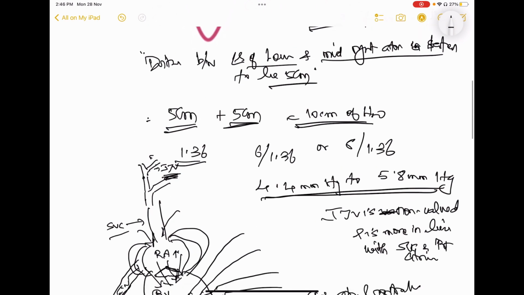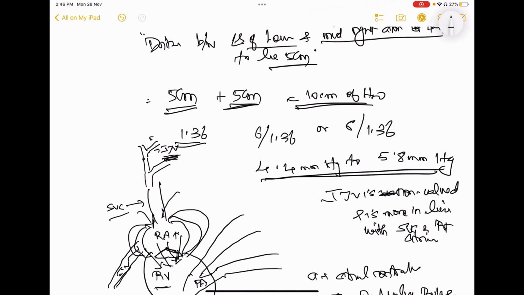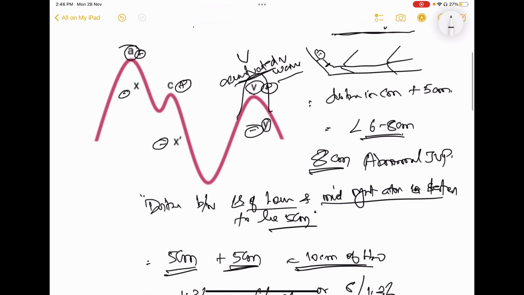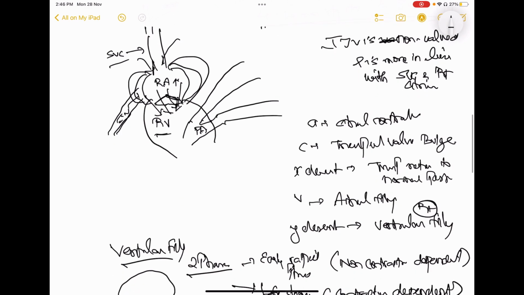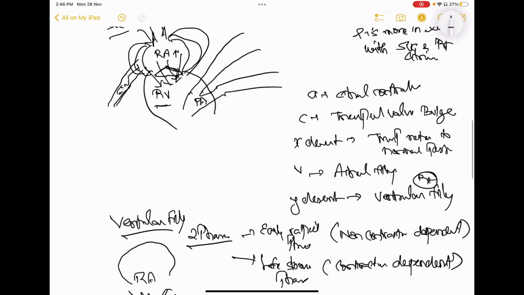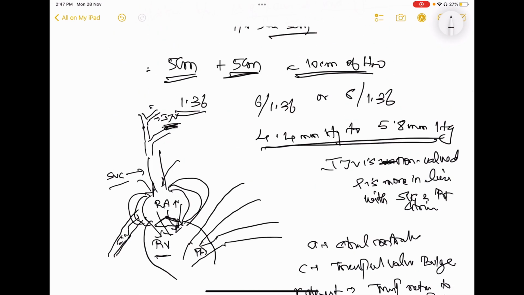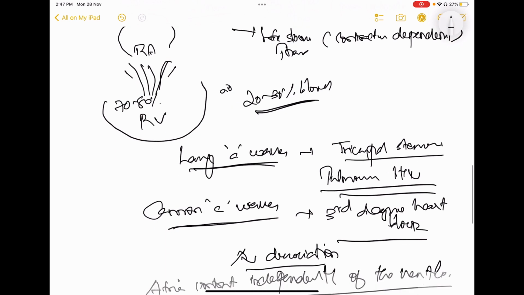And when the tricuspid valve opens and it's time for the right atrium to empty its blood into the right ventricle, there's consequently a large volume of blood flowing into the right ventricle also. And that creates a rapid Y descent.